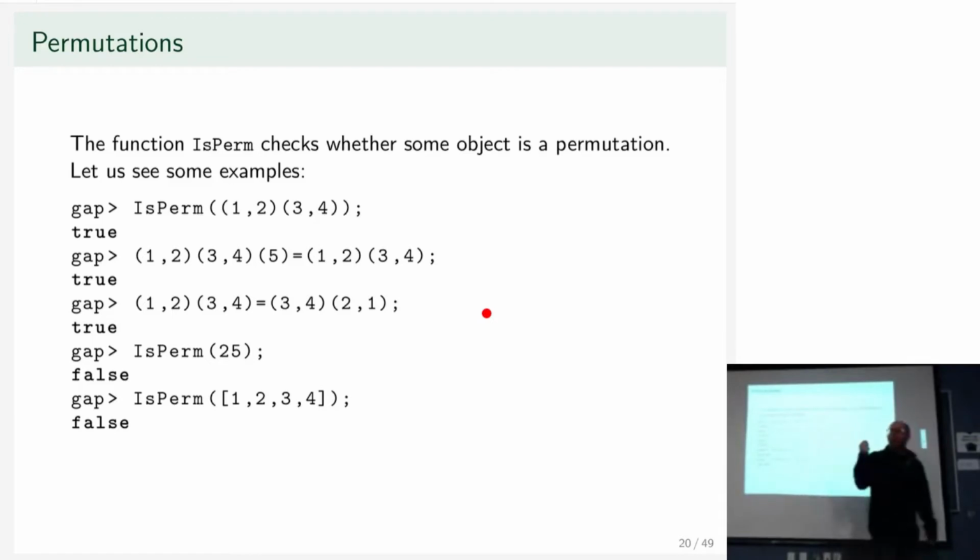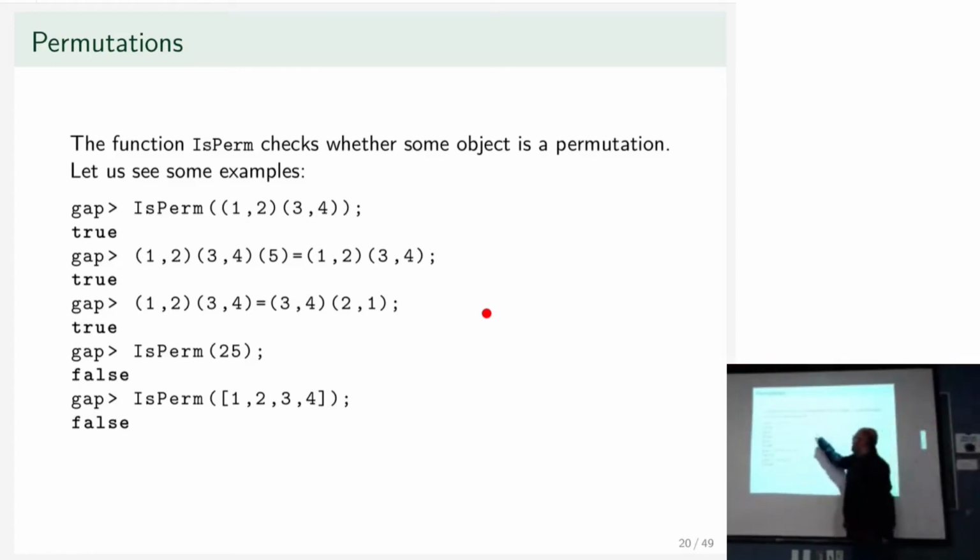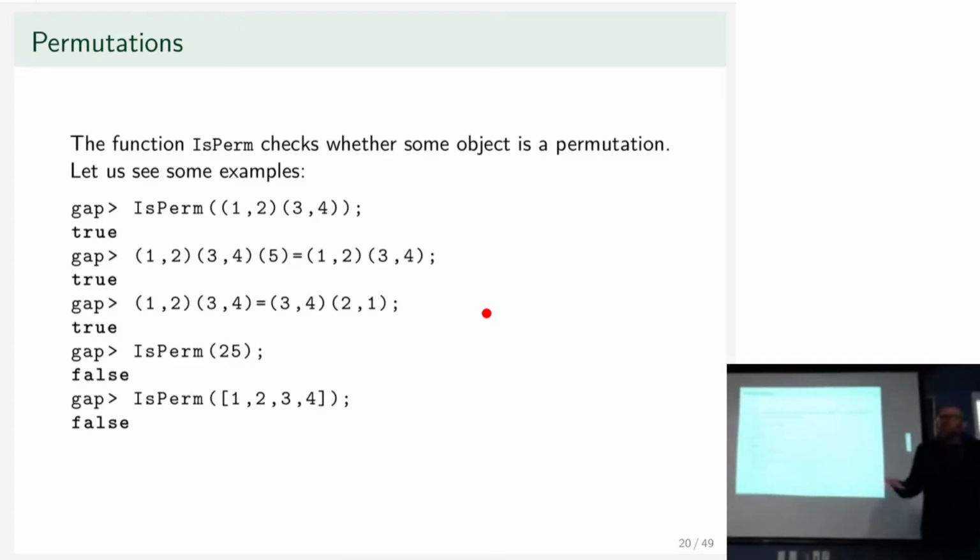Again, GAP is clever enough to know where this guy belongs, and to represent all symmetric groups in a way that you can embed one into the next one. This is very, very useful when you are programming, right? Of course, you can think that this guy belongs to S4 and this to S5, and these are different things. But this is not really clever from the practical point of view. That's why GAP is doing this.